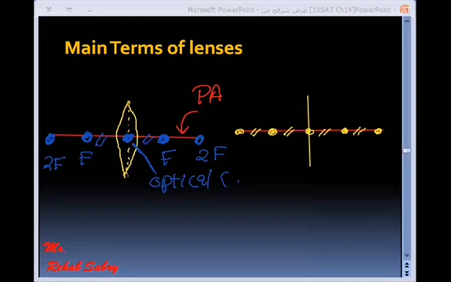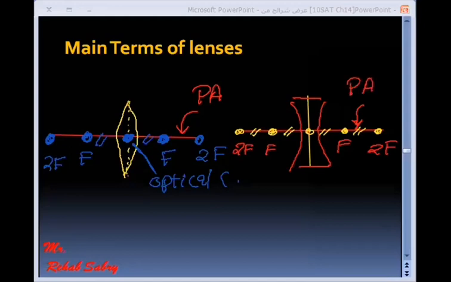Then we will sketch our lens. This is the optical center. This is 2F, F, F, 2F, and this line is the principal axis.